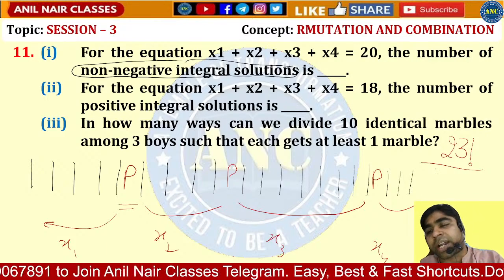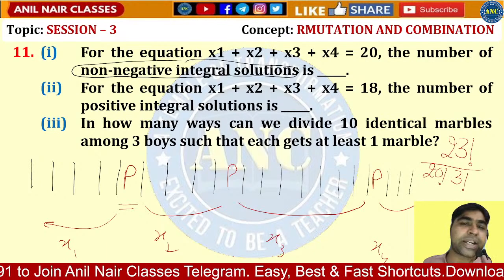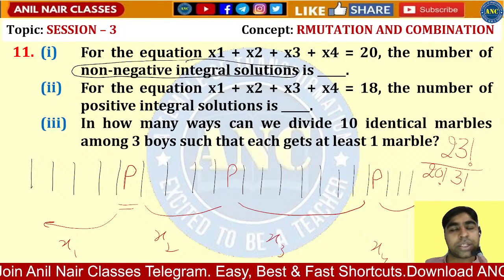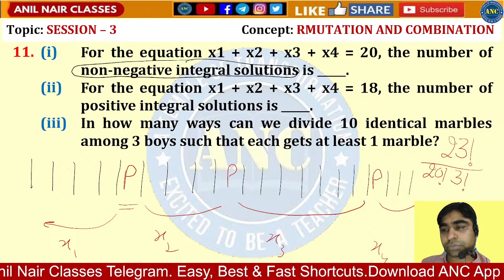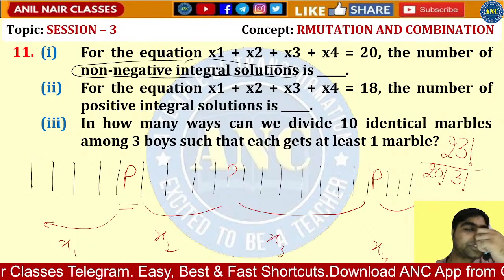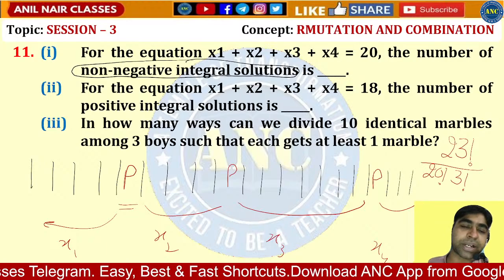And how many of them are identical? 20 i's are identical and 3 p's are identical. Right? So this would become my answer. Understanding my point?